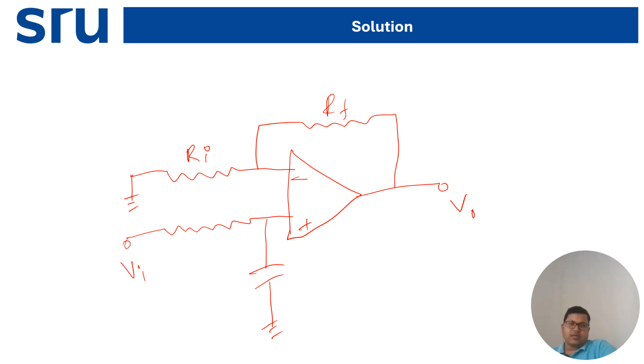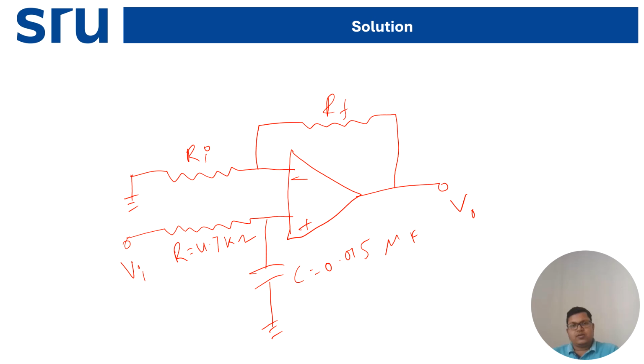As we know, the R value is given, R value is 4.7 kilo ohm, and the C value is also given, 0.015 microfarad. So this is the design of our filter.